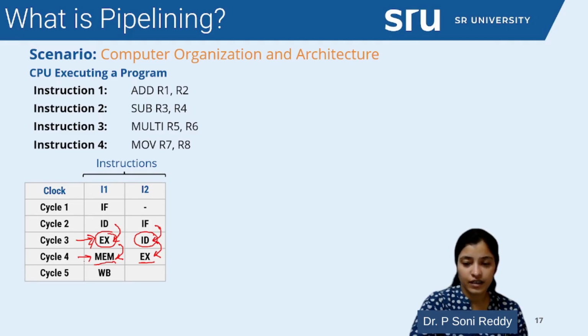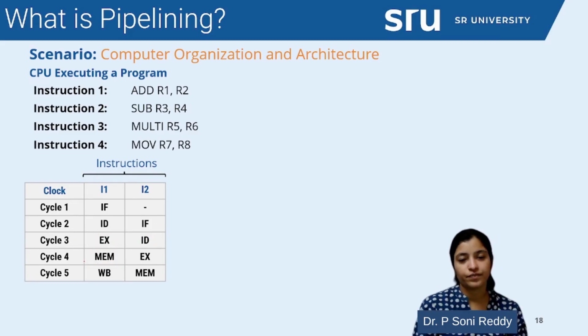Then finally, in clock cycle number 5, we are doing write back, that means final data storage after memory access is completed. In this step, we are doing memory access for the second instruction. So this is the data cache and this is the registers. Both are separate locations in memory. Registers are part of internal memory and data cache is part of your main memory.